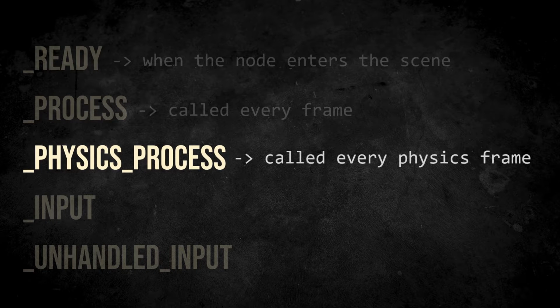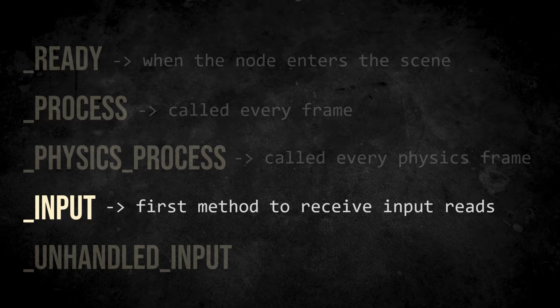The physics process is similar to the process method, being called every frame, but it has a big difference. It is synced to the physics engine, which means that while the frame rate of the process method may fluctuate while we are playing, the frame rate of the physics engine is much more stable. Use the physics process if you need to change something physics-related, like moving the player. For input, we have two important methods.